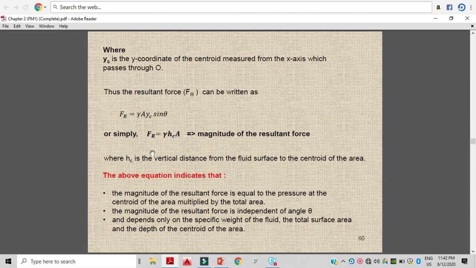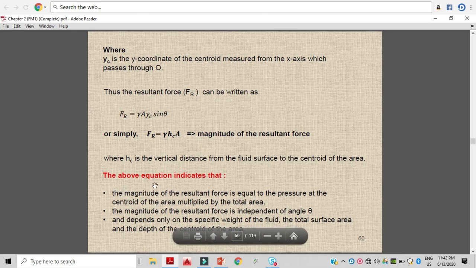So this is the net magnitude of the resultant force acting on the surface, where hc is the vertical distance from the fluid surface to the centroid of the area.